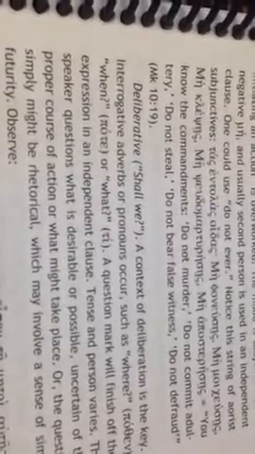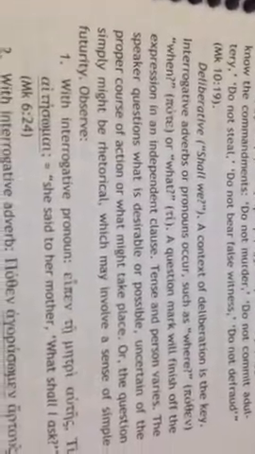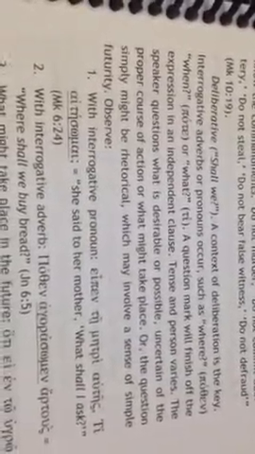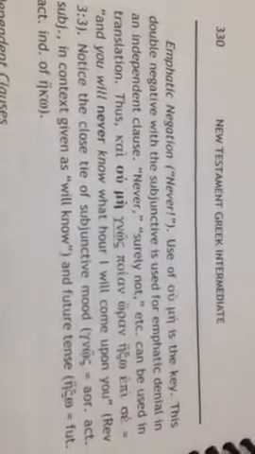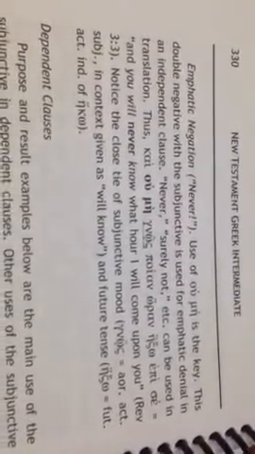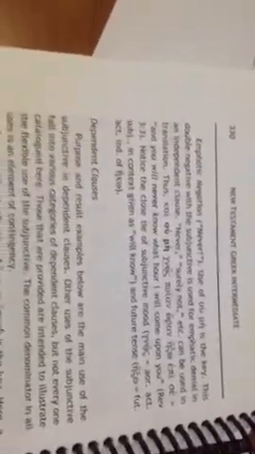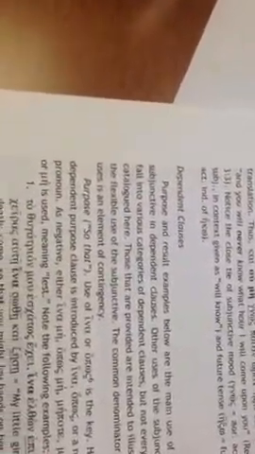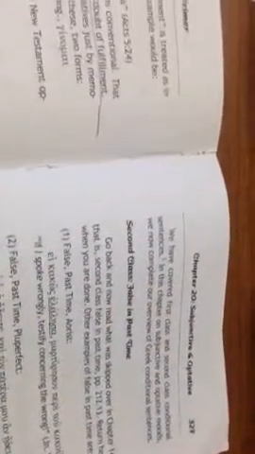Who, what, so pote, ti. And of course, you can have the double negative. Ou mē, not at all, which you will see here. Kai ou mē gnōs. You will never know. Okay. And then it's used also with dependent clauses. And we're going to go over here to this book, where we will see it used here.